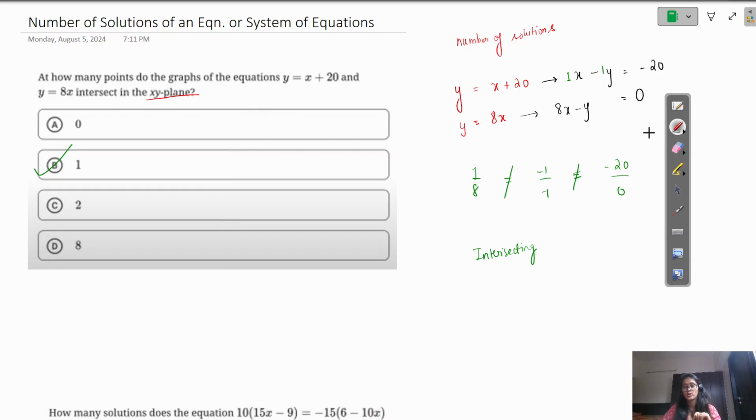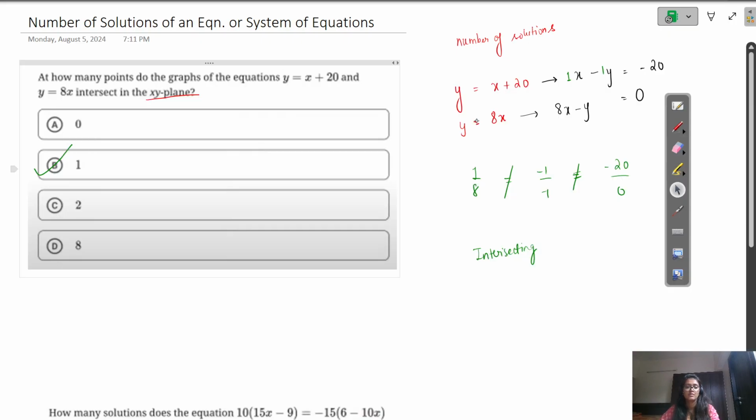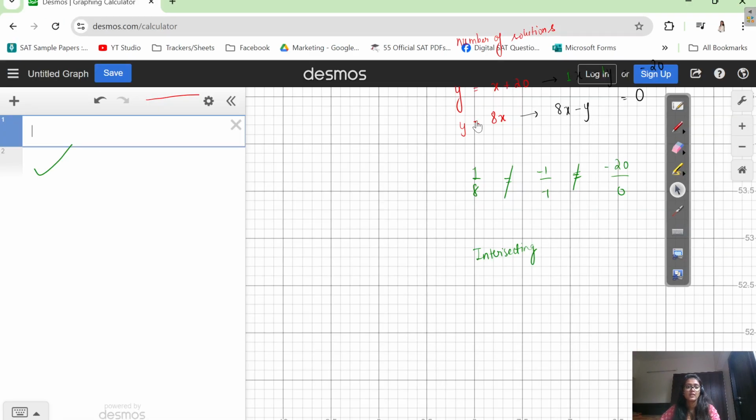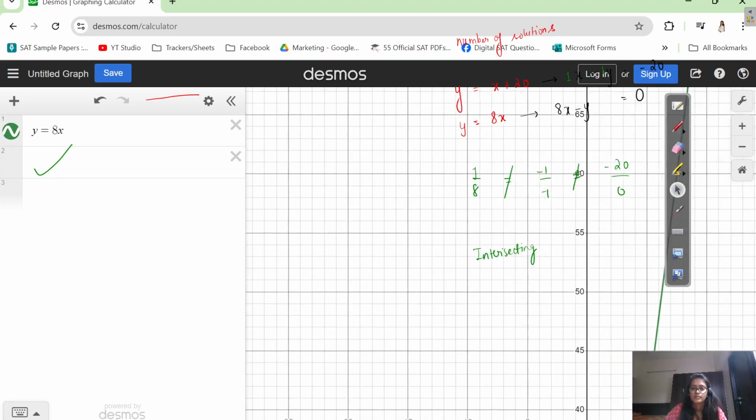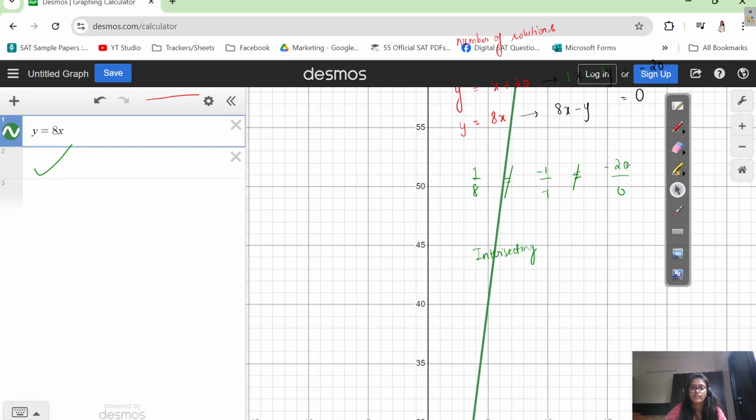Now how can you do it on DESMOS? It's very simple. You just have to plot the equations on DESMOS. The first one is y is equal to 8x. This is the graph for y is equal to 8x.